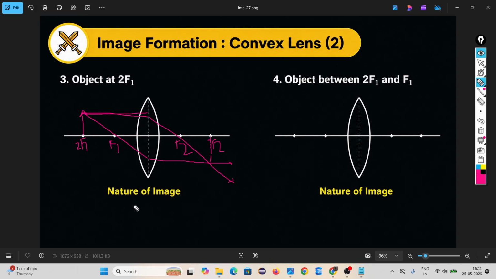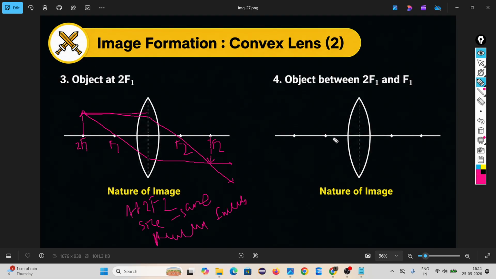Tell me the nature of the image. Where is the image forming? At 2F2. Size same. And nature real and inverted. Understand this condition? Yes, sir.